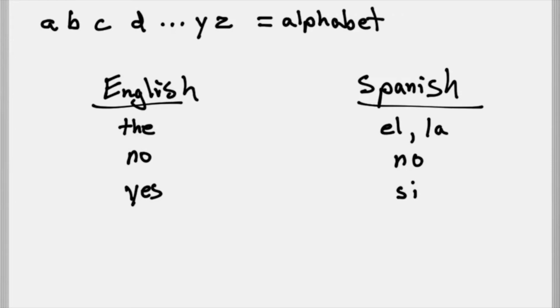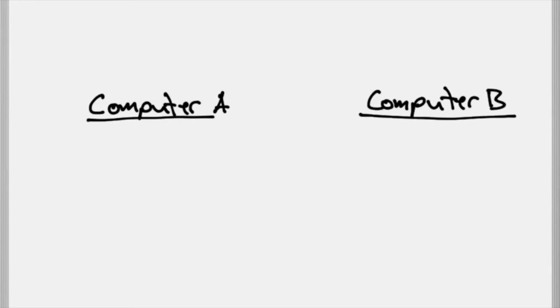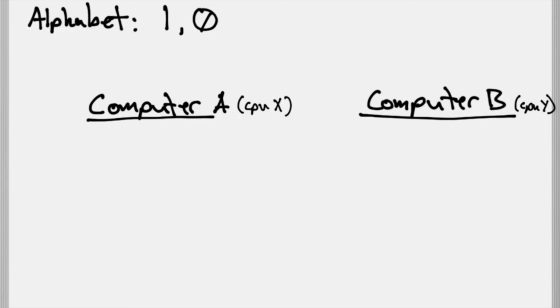The same situation applies to computers. So consider that we have two computers, computer A and computer B. Computer A is utilizing a processor or CPU of type X, and computer B is using a processor or CPU of type Y. The CPU, or central processing unit, is kind of like the brain of the computer. It's the thing that processes data and instructions for us. Both of these types of computers utilize the same alphabet, binary, or 1 and 0.